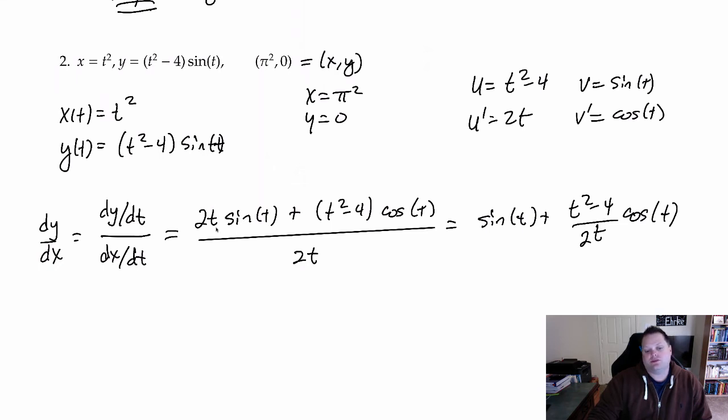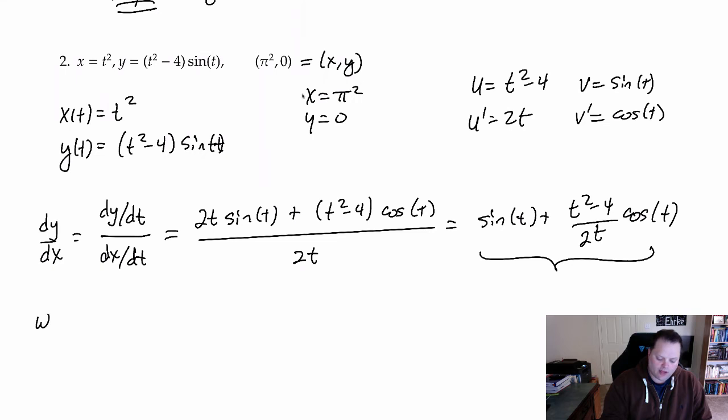So took this term divided by there, the two t's canceled out, leaving just sine t. Squared minus 4 over 2t, the term there canceled out, leaving cosine. Okay, so this is my slope, but it's as a function of t. I know x and y, the point at which I'm supposed to evaluate this, but I don't know at what time these occur.